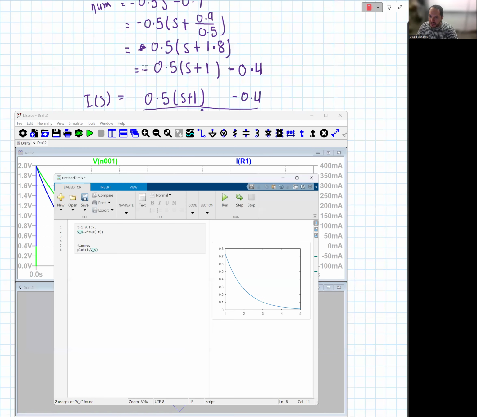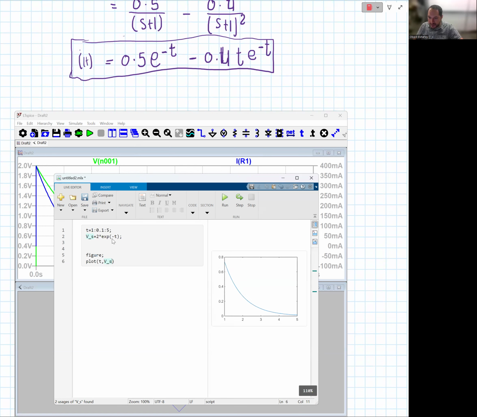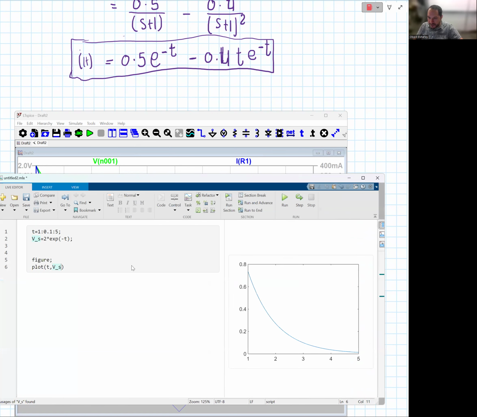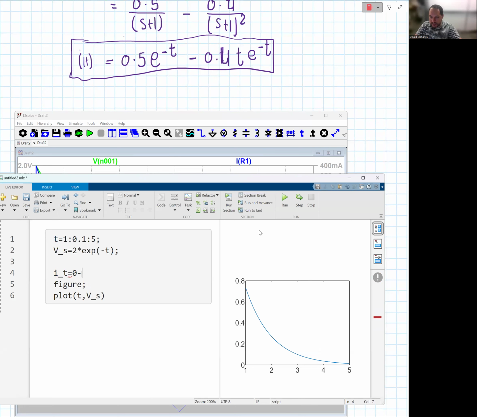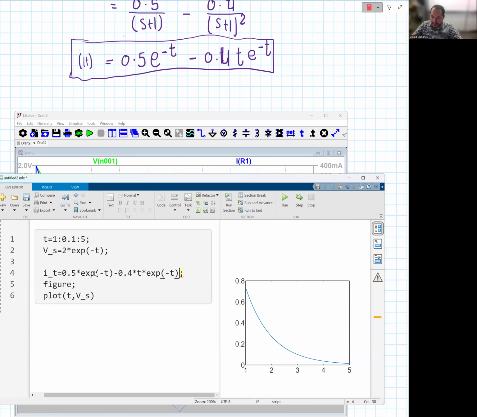We mentioned our current i(t), let's plot i_t equals 0.5 times exponential e to the power negative t minus 0.4 times t times exponential of negative t.